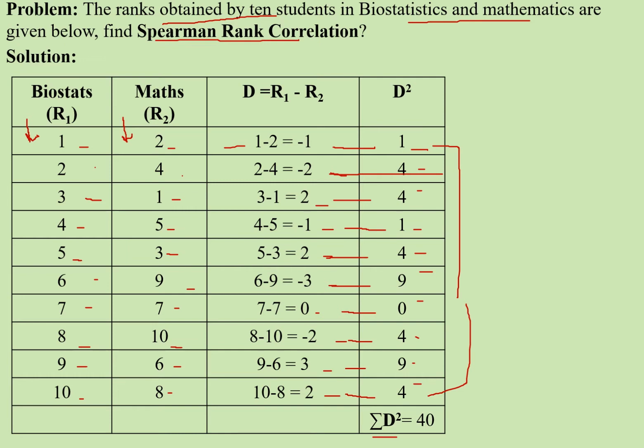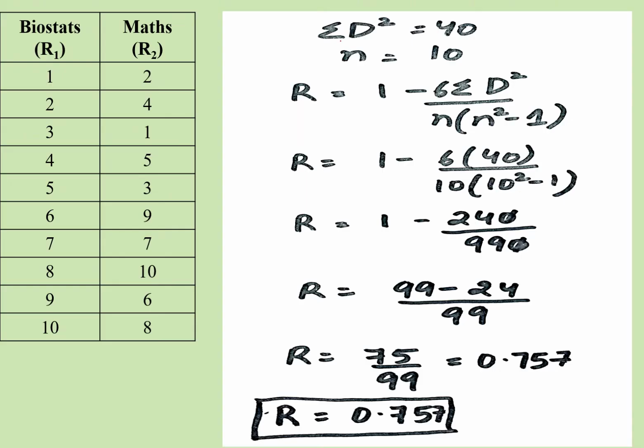When you add all these values, the value of sigma d square is 40. The value of n is calculated by counting the number of observations, and it is 1, 2, 3, 4, 5, 6, 7, 8, 9 and 10. So the value of n is 10.